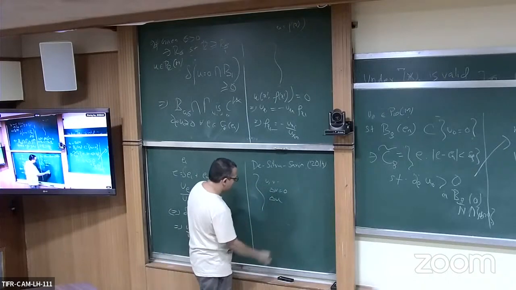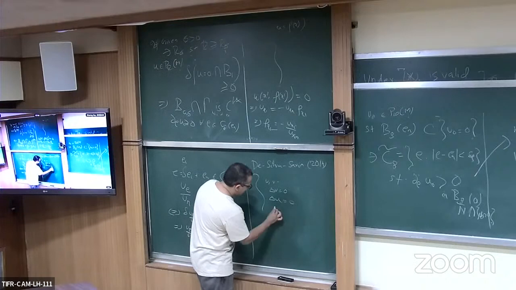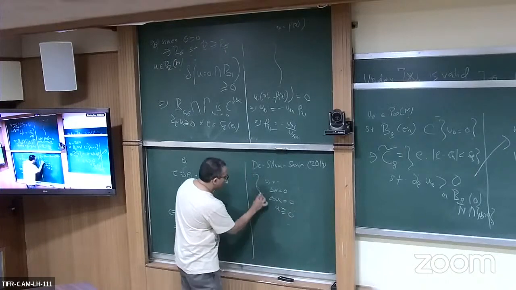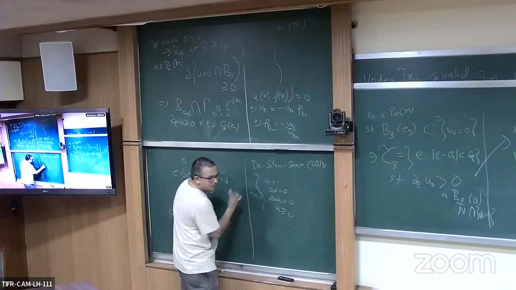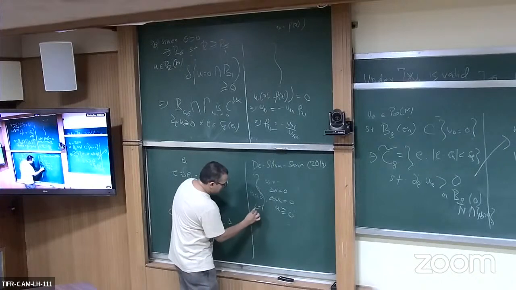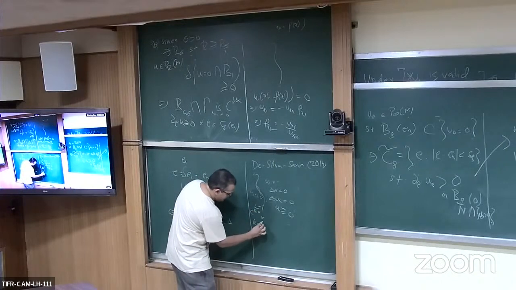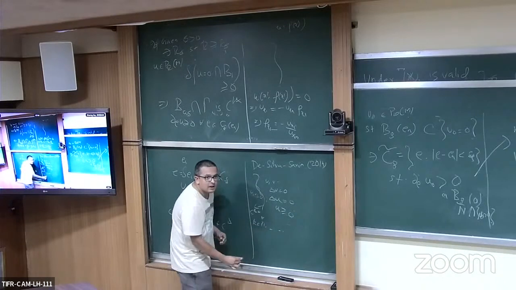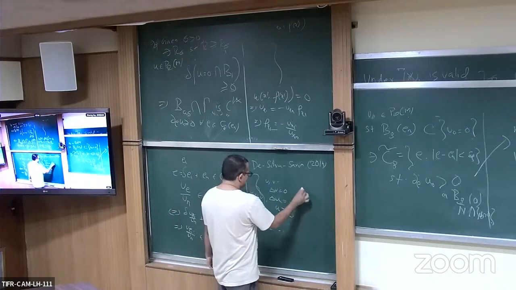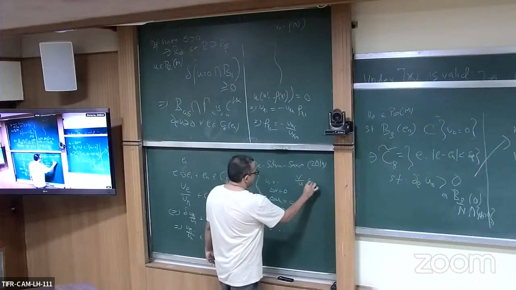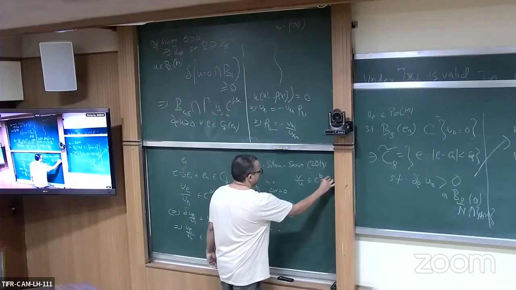Both u and v are 0 on this part of the boundary. And suppose this domain is C^{k,alpha}, for given k from 1 to infinity. Then what Savin and De Silva show is that v by u is in C^{k,alpha}.